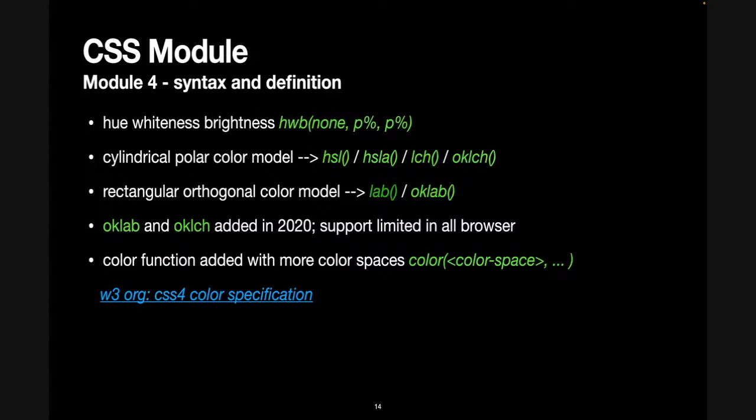HSLA, LCH, OKLCH, LAB, OKLAB were added, the most advanced ones. And there is a color function, which is very interesting. Within color, we can add a color function. There are many color spaces, as with the gamut, and there are three different color spaces that can be used.